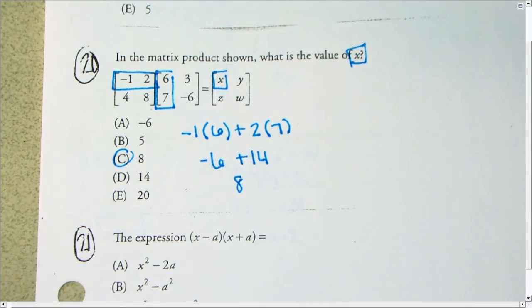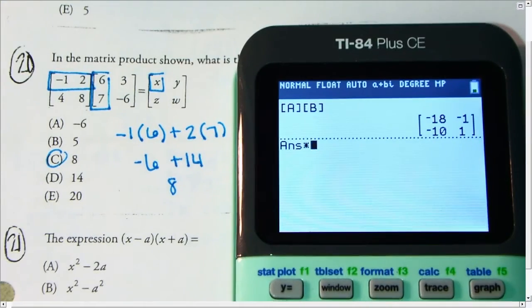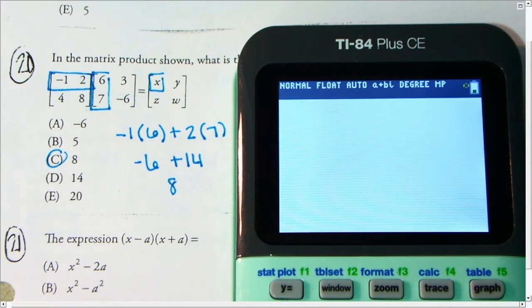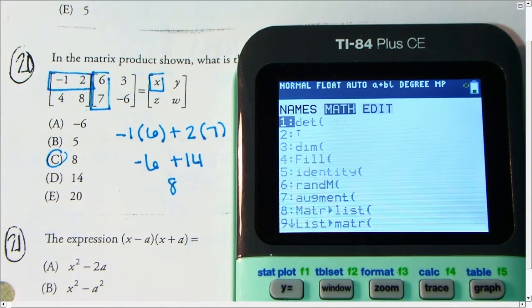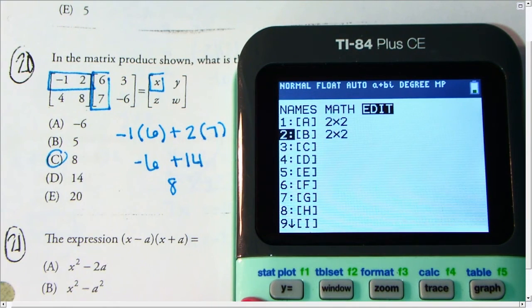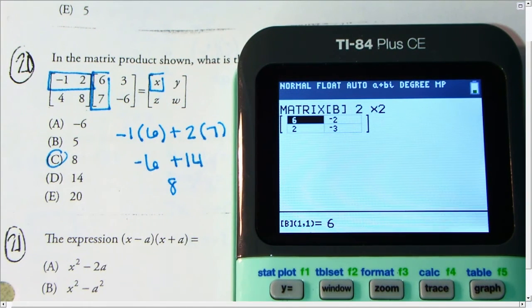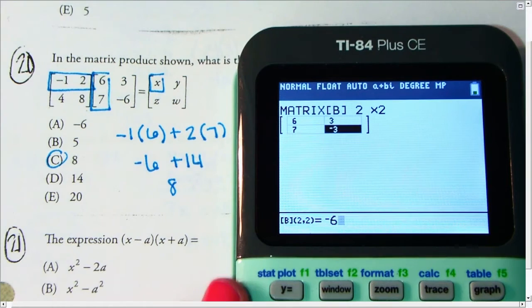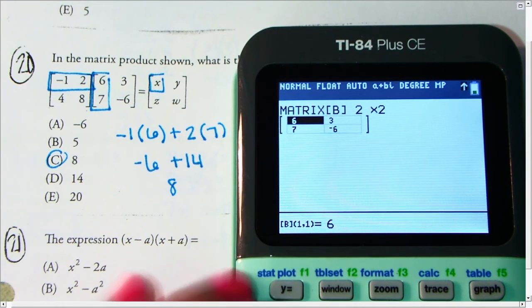I will show you how to do this in your calculator as well. Again, it's just a lot of typing. So I'm going to go into the matrix. I'm going to edit. It's a 2 by 2, so -1, 2, 4, and 8. Clear out, go back in, edit this one, 2 by 2. Okay, quit out.